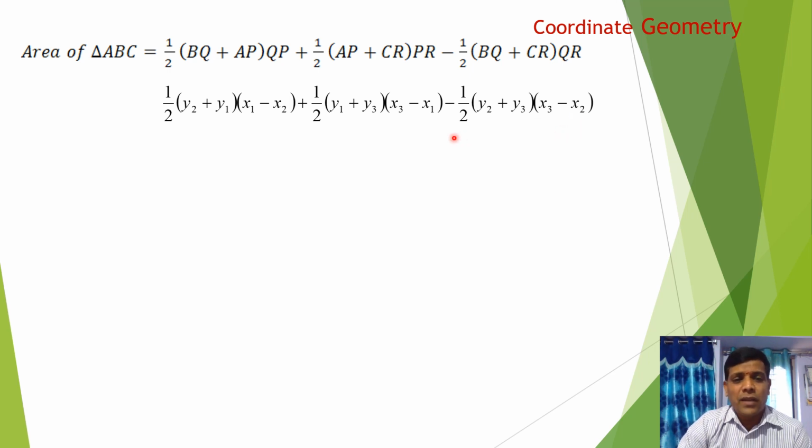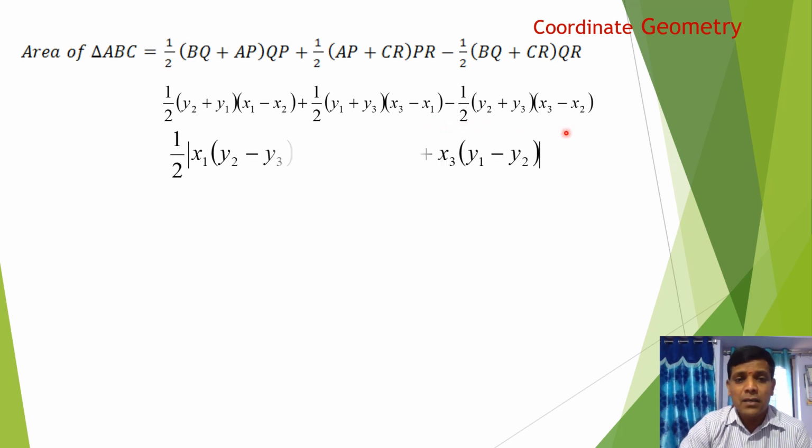So after simplification, 1 by 2 is common, right? Half into (y2 plus y1) into (x1 minus x2), (y1 plus y3) into (x3 minus x1), minus (y2 plus y3) into (x3 minus x2).